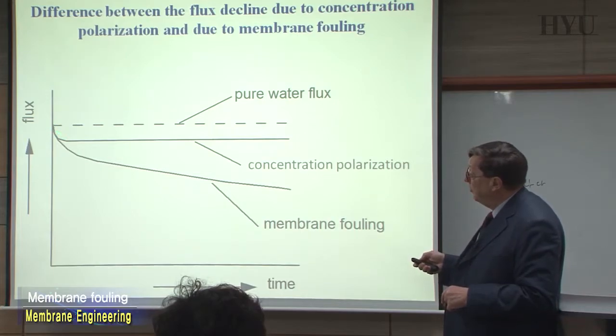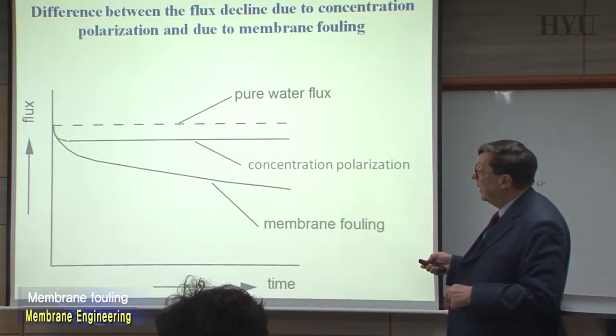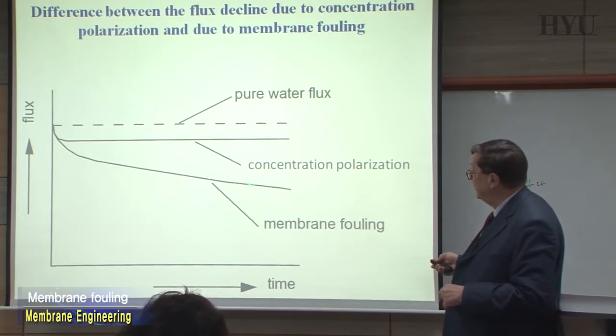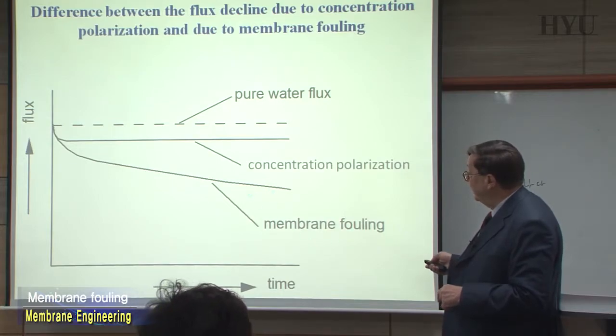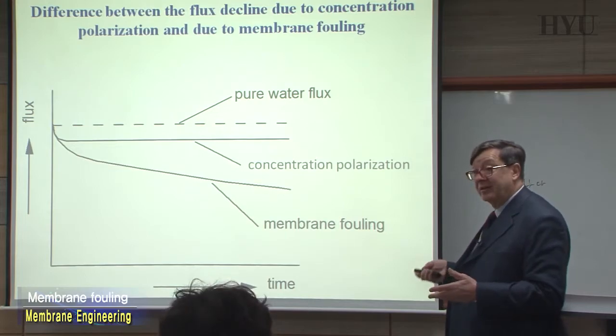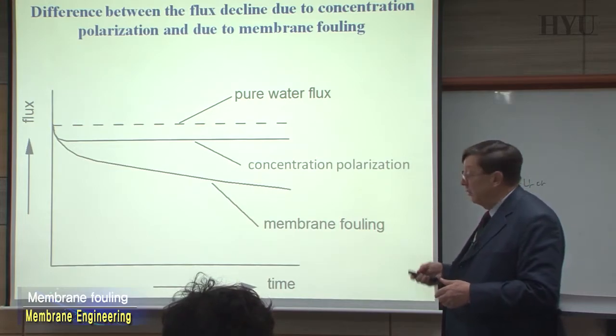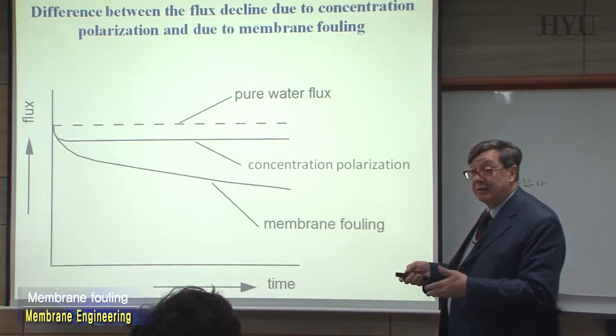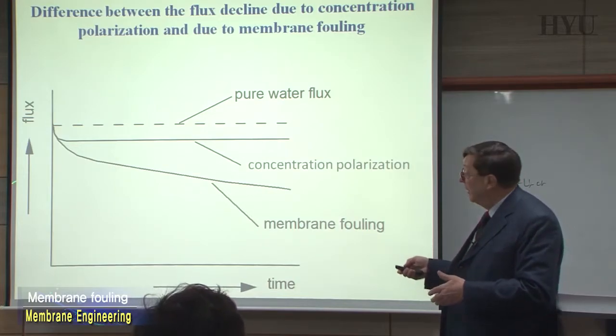When you have some behavior of this kind, you just go down, this part is the same, but you don't arrive to a steady state. You go on again for a long time, and asymptotically, you can go to flux equal 0, basically. Sometimes it takes a few hours, sometimes it takes days, sometimes longer than this, but that is kind of behavior.